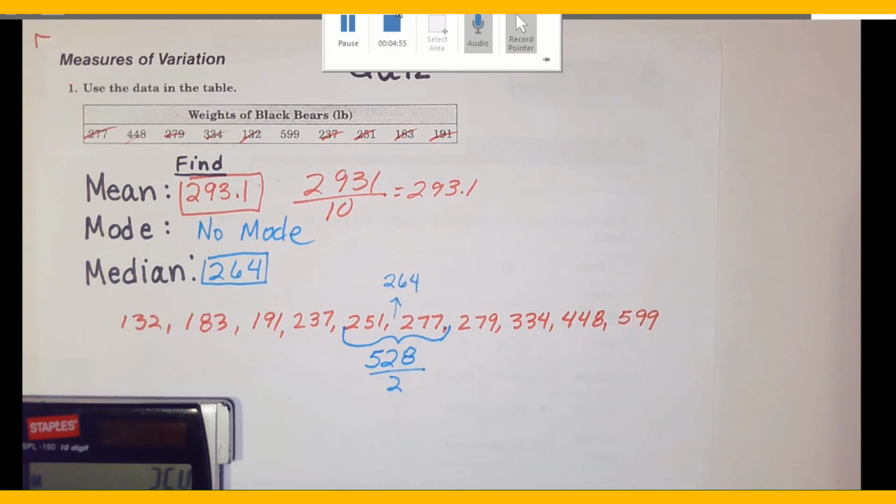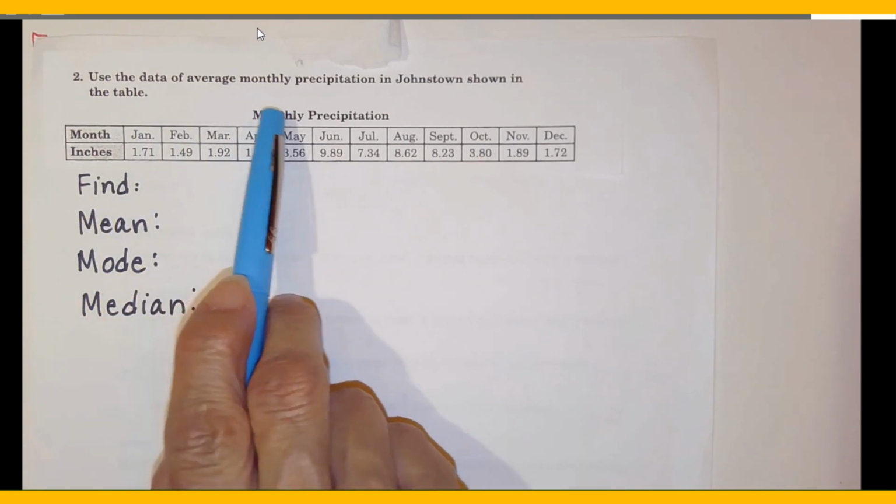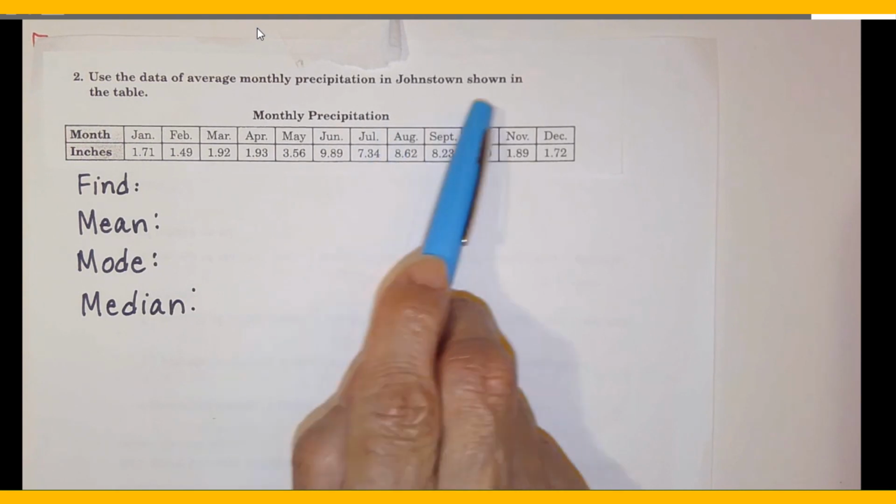Okay, let's look at number 2. Use the data of average monthly precipitation in Johnston shown in the table. So the first thing we want to do is put all our numbers in order.